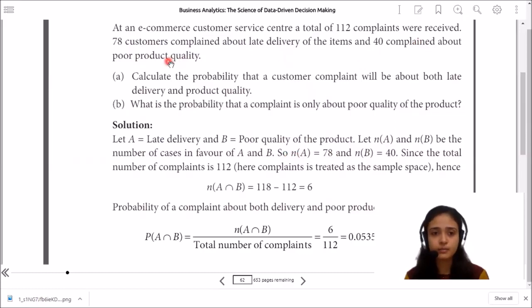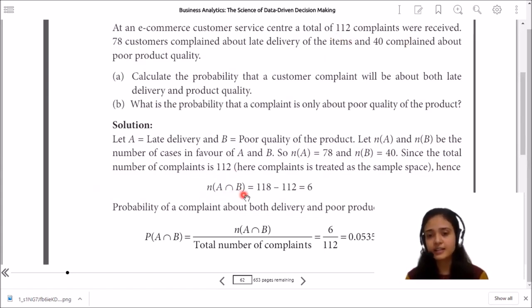And 40 complained about poor quality, so the number of events B is 40. I want to find the probability that a complaint is about both late delivery and product quality, so I have to find A intersection B, that is n(A intersection B). The total number of complaints is given as 112.